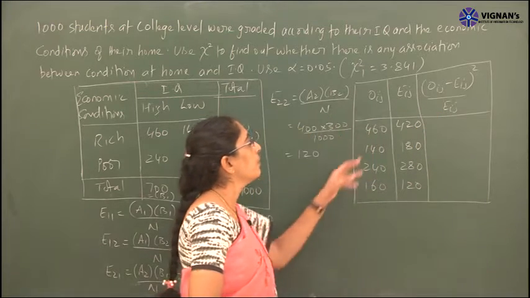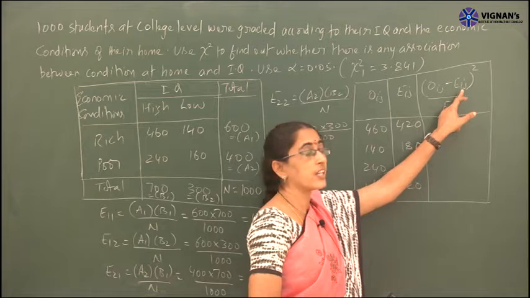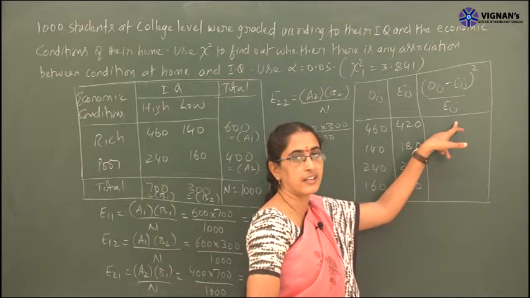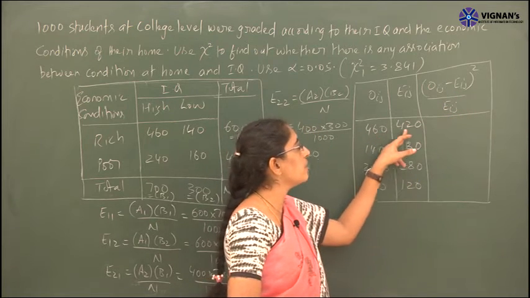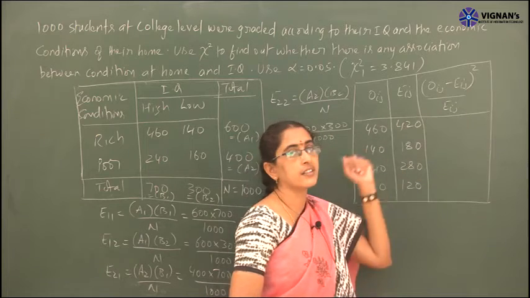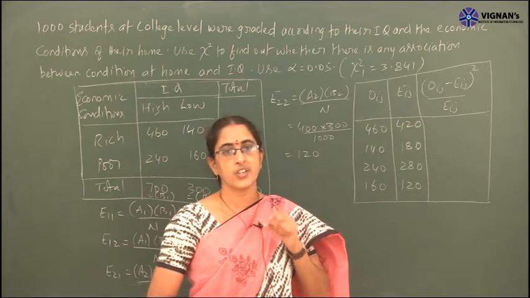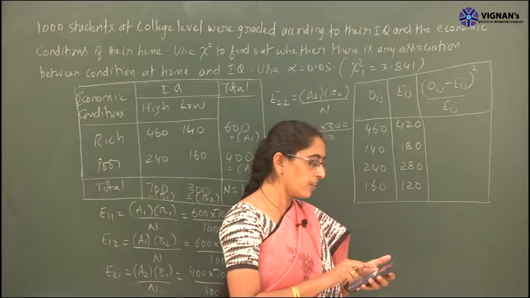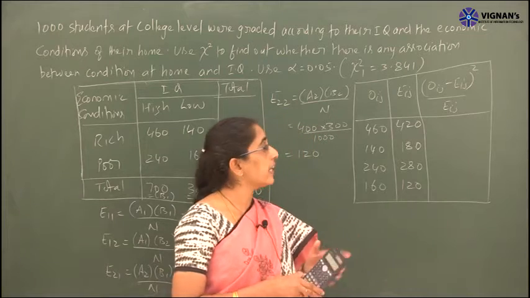Now Oij minus Eij whole square by Eij we have to calculate. That means 460 minus 420 whole square by 420. To calculate this in the calculator we can use one equation.